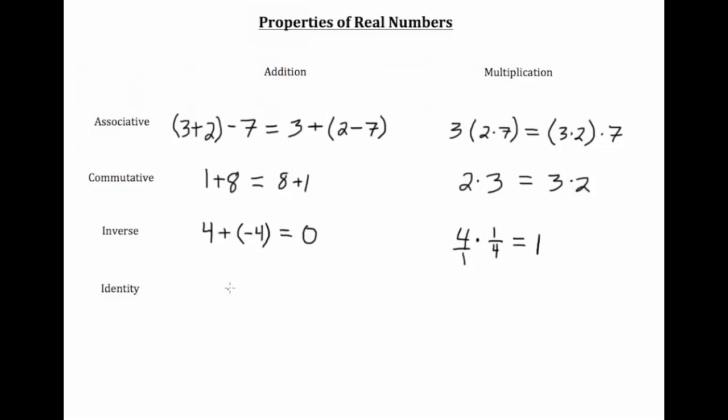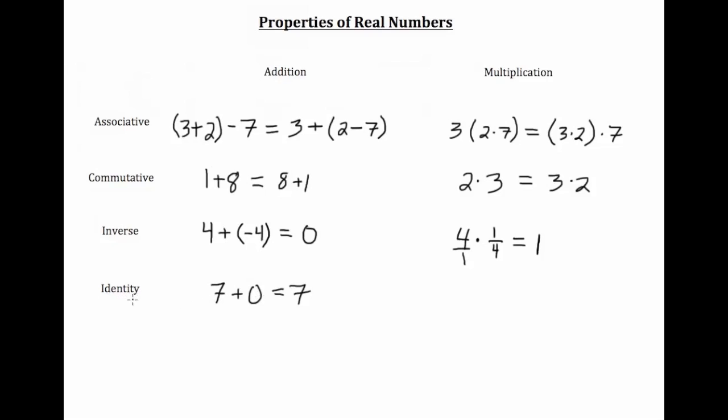Now identity, for addition, say we had 7 plus 0, that's just going to be 7. So pretty much when you have an equation that involves adding or subtracting a 0, you're going to be left with whatever number you started with.